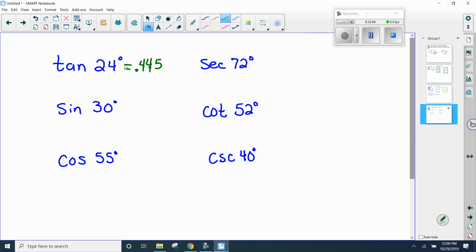Hit your mode key. When you first get them, your calculators are probably going to automatically be in radian mode. You will see radian and you will see degree. Does anybody see radian and degree?